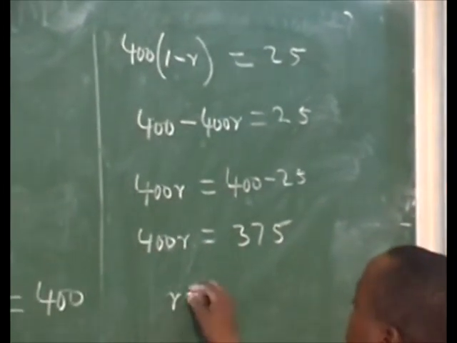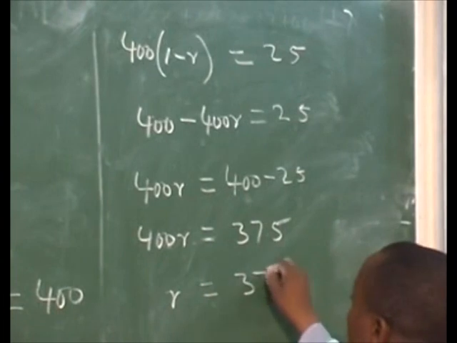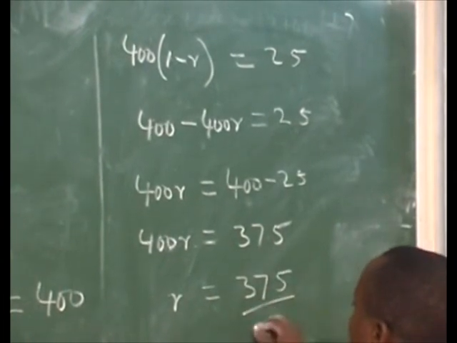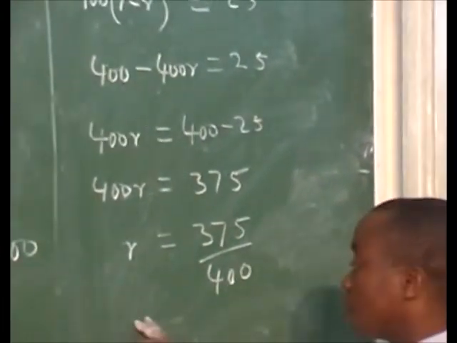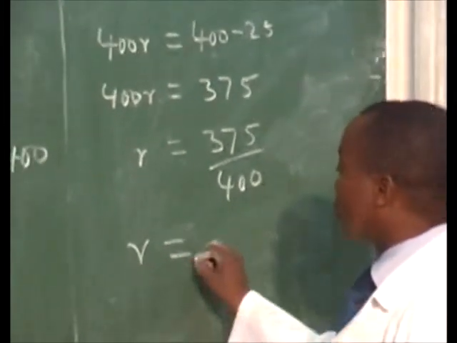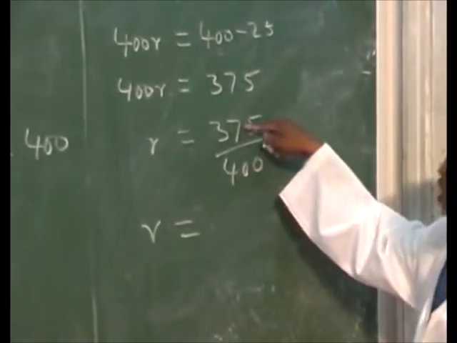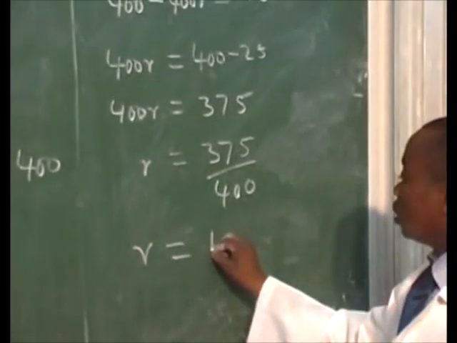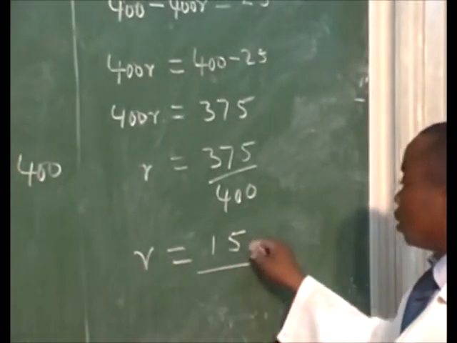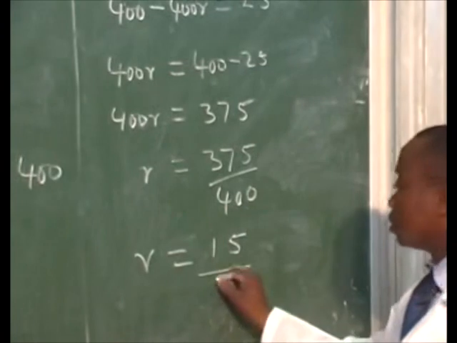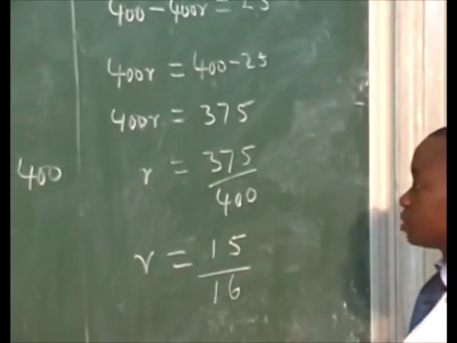So R will be equal to 375 divided by 400. 25 can go into 375 15 times, and 25 can go into 400 16 times, so R is 15 over 16.